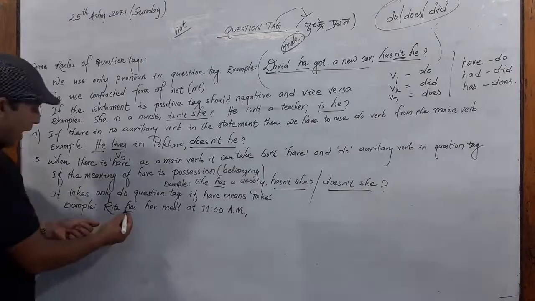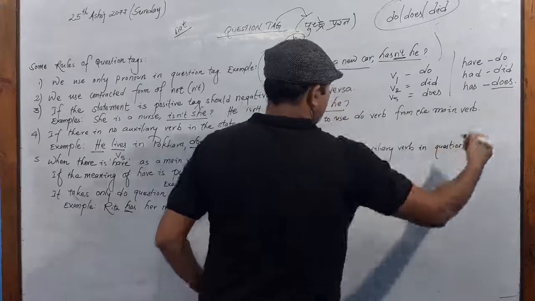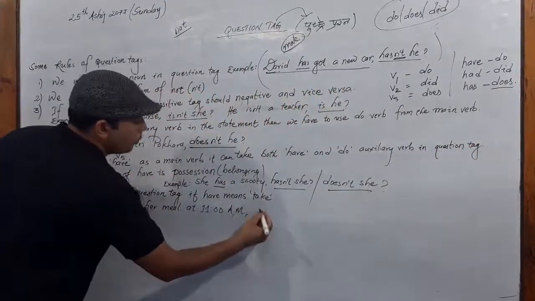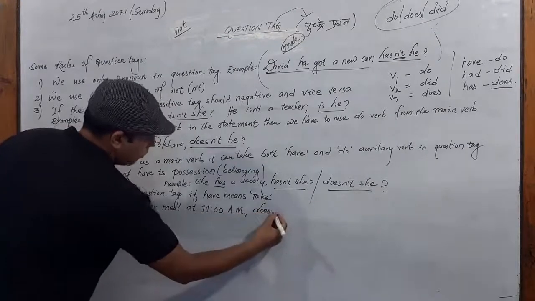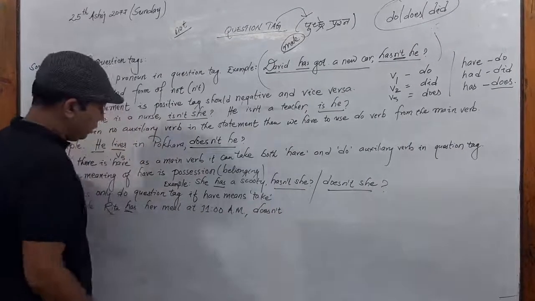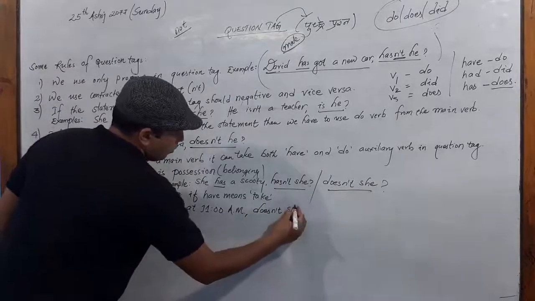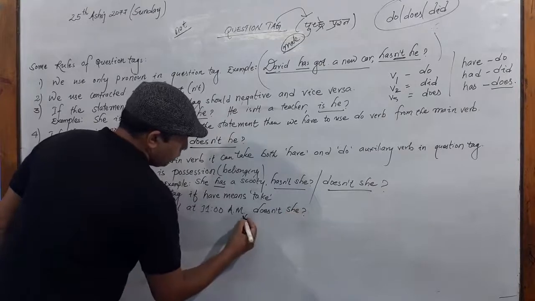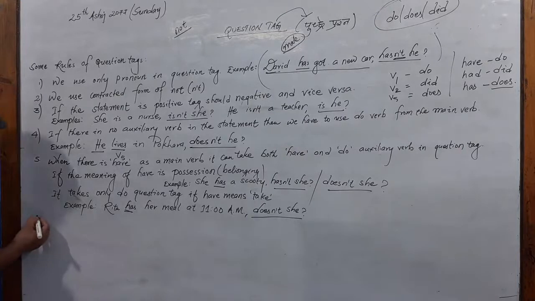So at that time has means does, it takes does auxiliary verb, so we start with does, then this is positive, again not, doesn't, then Rita is she, plural of Rita is she. So in this way, okay, we write.